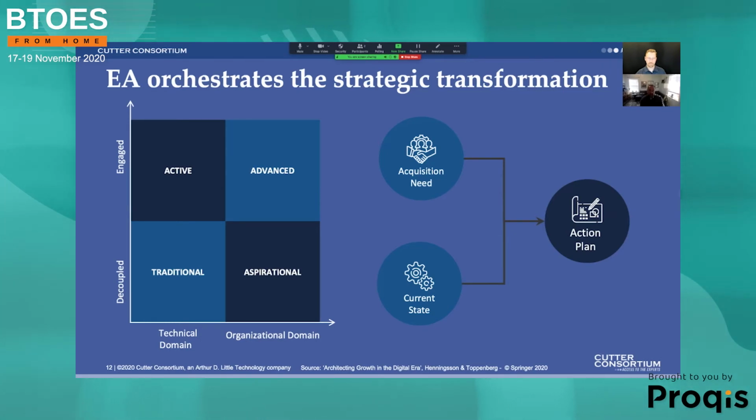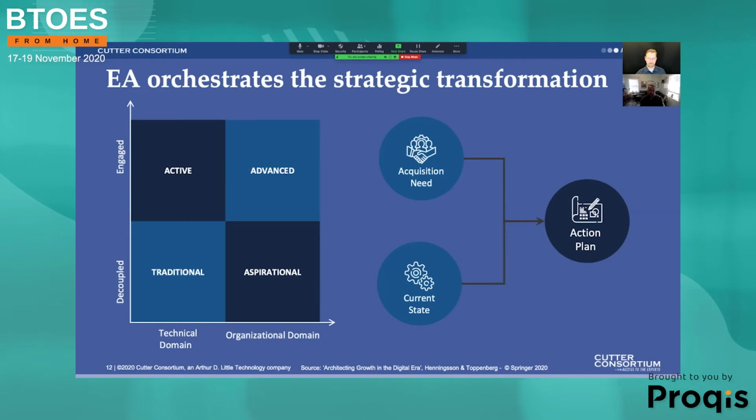By decoupled, we mean that the EA organization may exist, and if it exists, it's a very sort of traditional organization or group that partners with, but is seen separately from a lot of the strategic decisions.